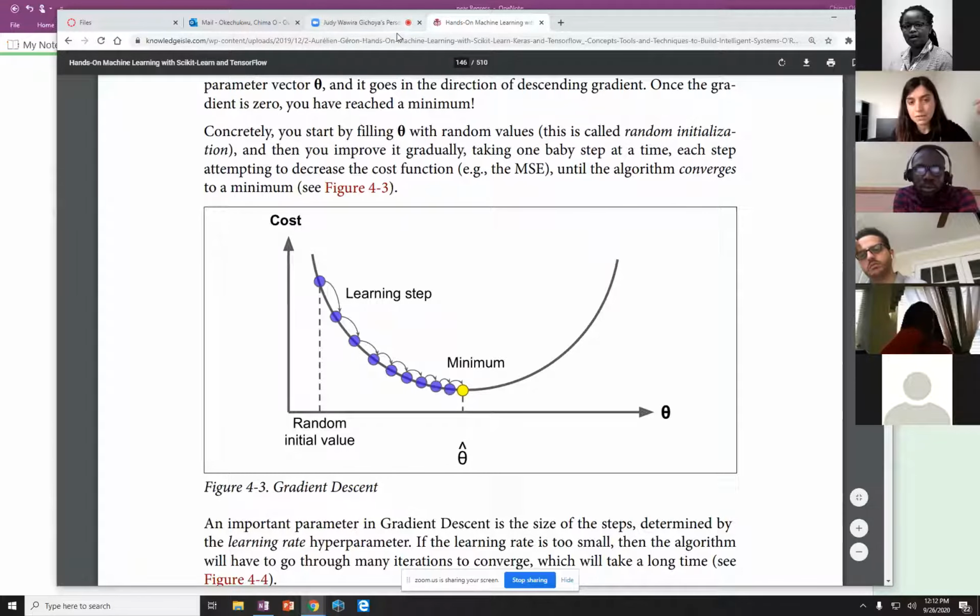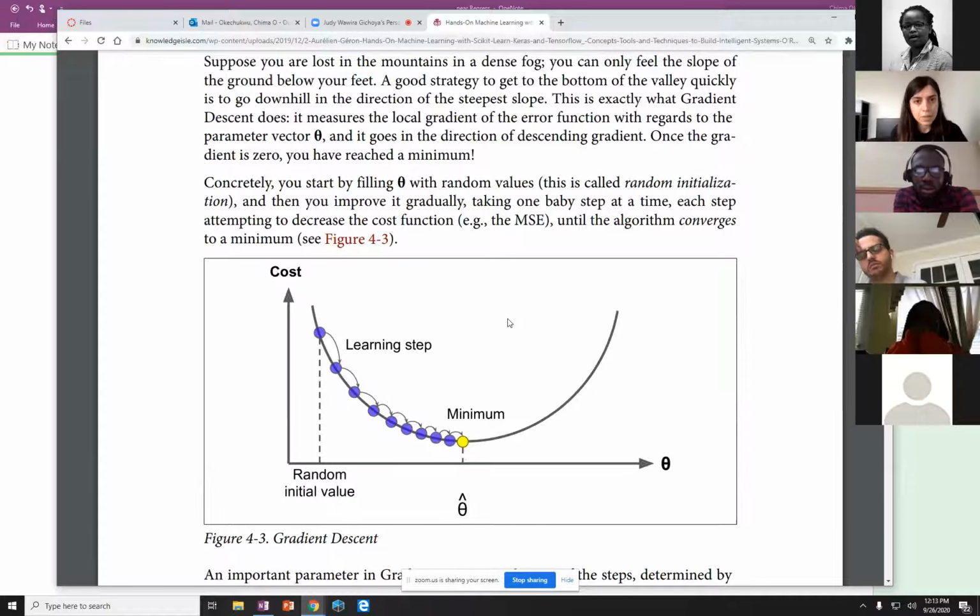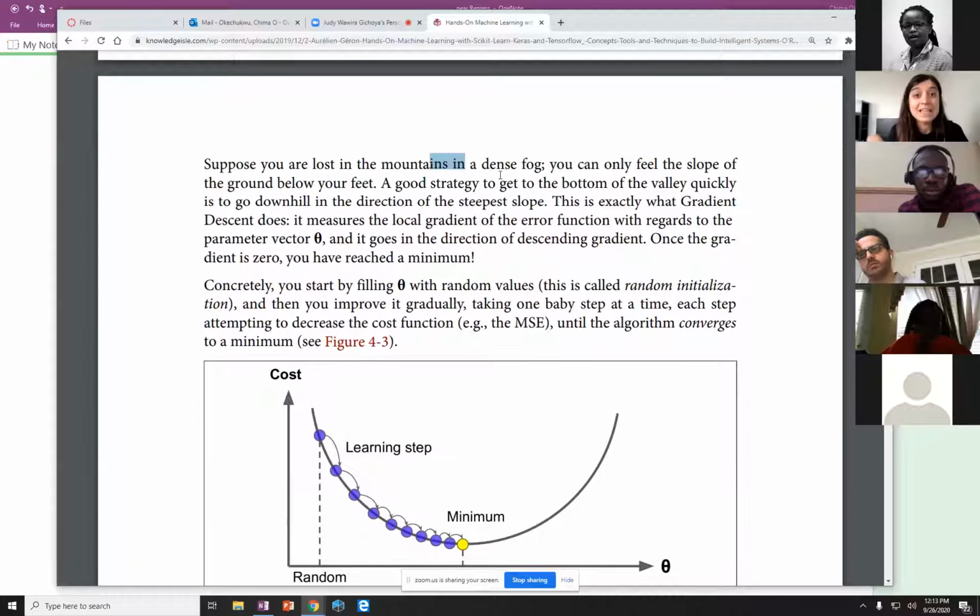Previously we used the closed form, or normal equation, to do this. On gradient descent, he used a very interesting analogy: suppose you are lost in a mountain in a dense fog.